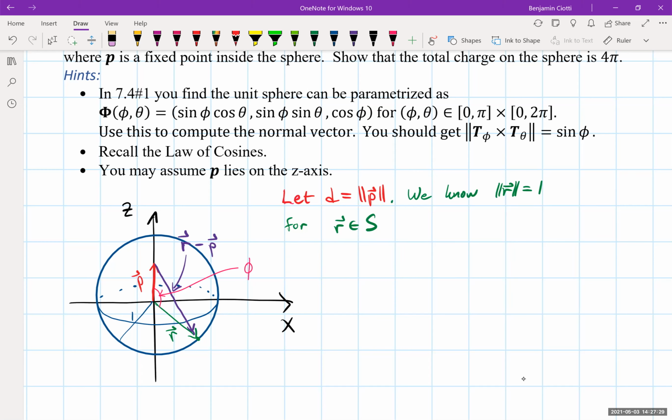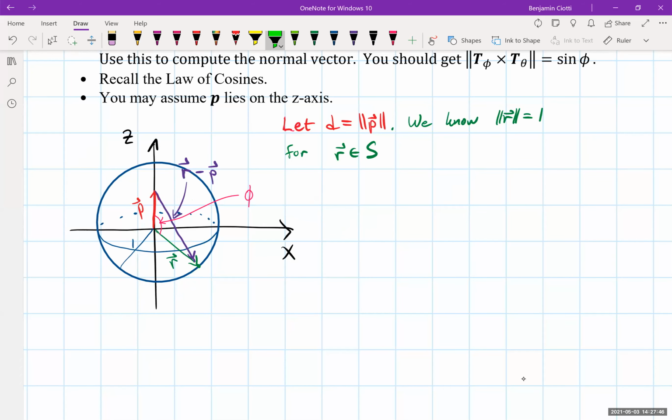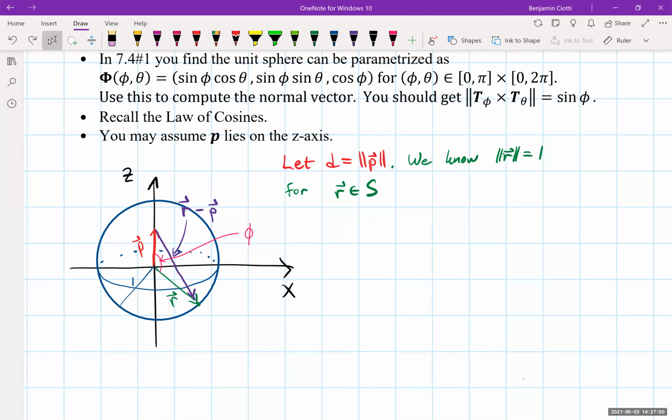As in not in the ball, not in the interior of the ball, but rather on the surface of the sphere. So this triangle that I drew is going to be used as follows. I want the length of the side r minus p. And to find it, I'm going to need the law of cosines.